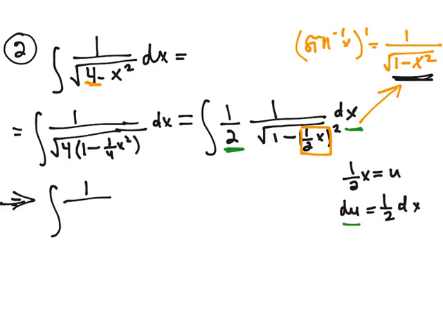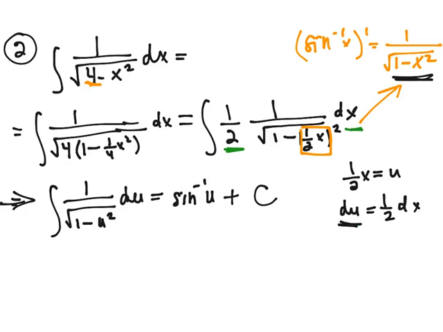You just get 1 over the square root of 1 minus, and 1/2 x you replace with u, so that would be u squared. Now 1/2 dx gives you du right here. So the derivative of what equals 1 over the square root of 1 minus u squared? Sine inverse. So you're going to say the answer here is sine inverse of u plus c.